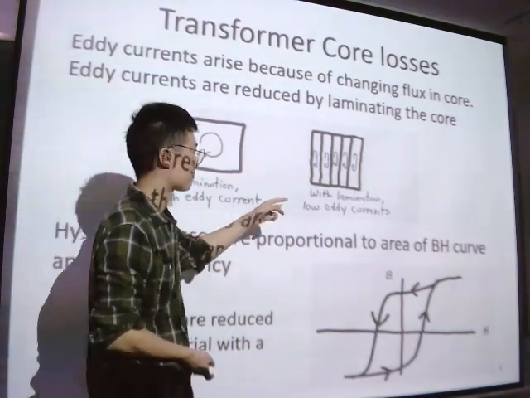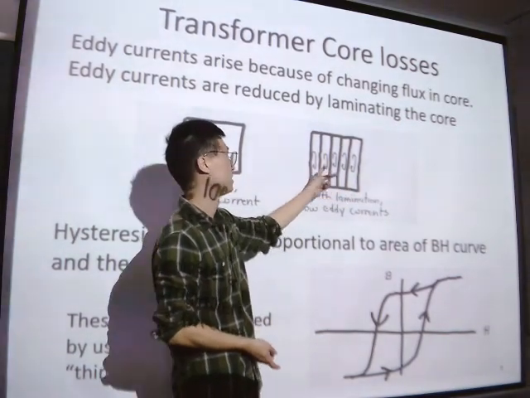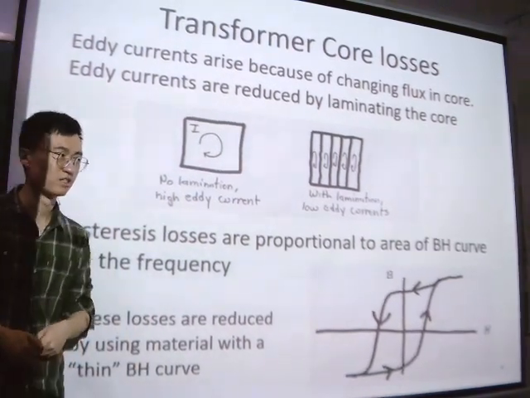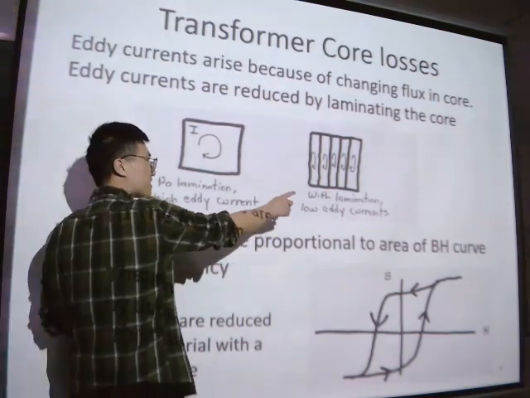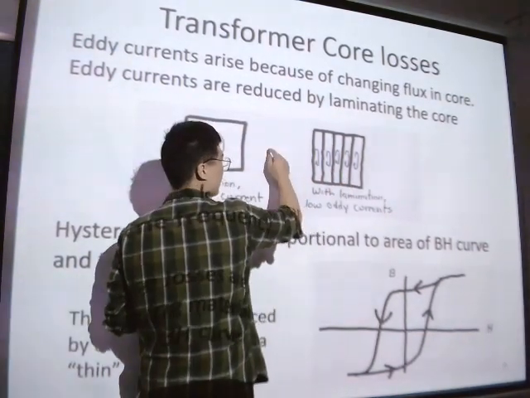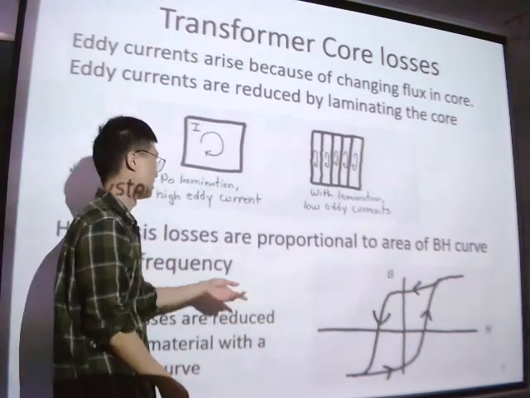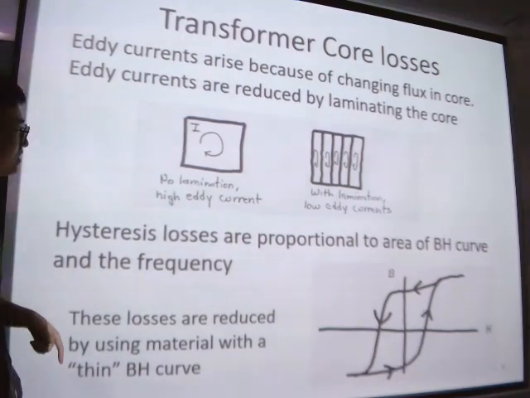So the sum of these 5 eddy currents is smaller than the original. If the sum of these eddy currents were equal or even larger, then we would use the whole part of this core.